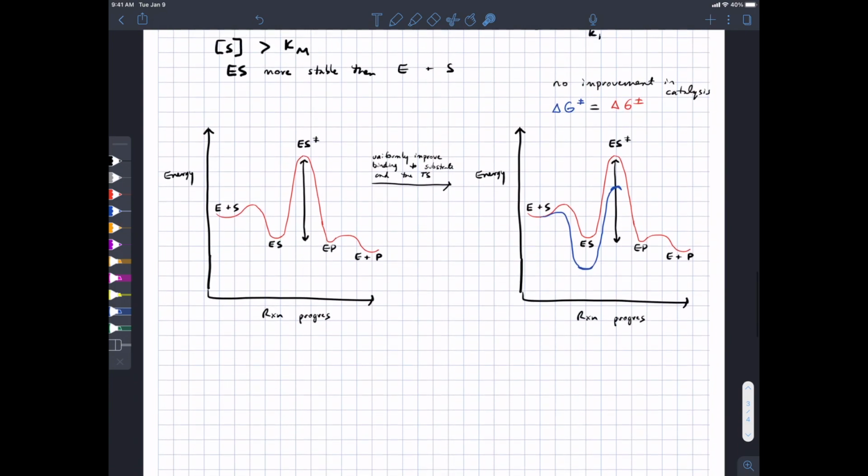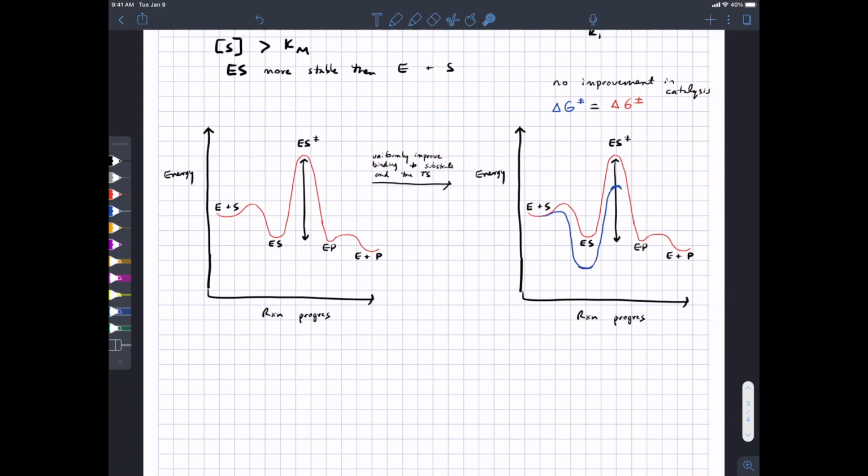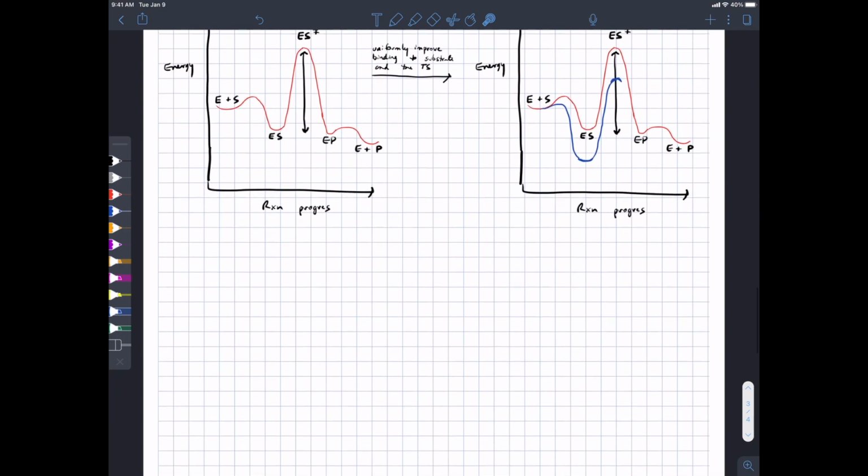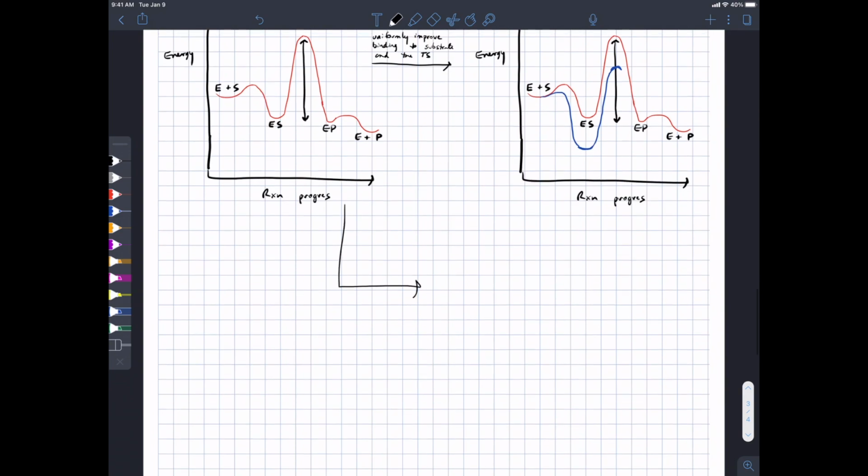Okay, so if you're in this saturation regime, how would you accelerate catalysis? The only way to do it in this saturation regime is, and we're going to need another image, you're going to have to differentially bind the transition state more than the substrate.